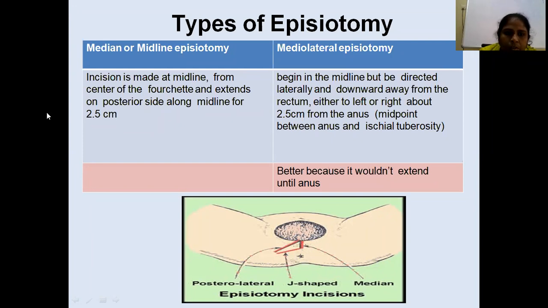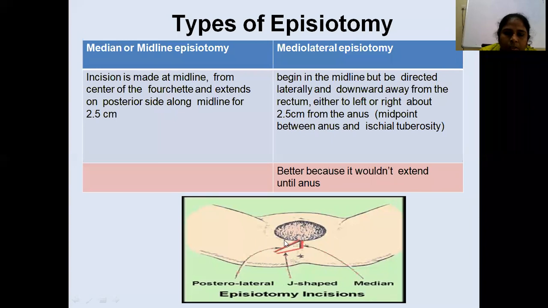Median episiotomy: here you can see, this is the fourchette, no? This is the vaginal fourchette. So midline episiotomy is from here, 2.5 centimeters along the midline. Mediolateral starts 2.5 centimeters away from the anus. You go laterally and downwards.